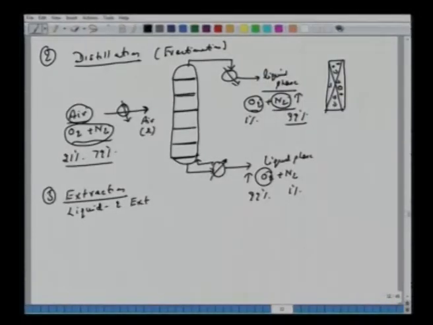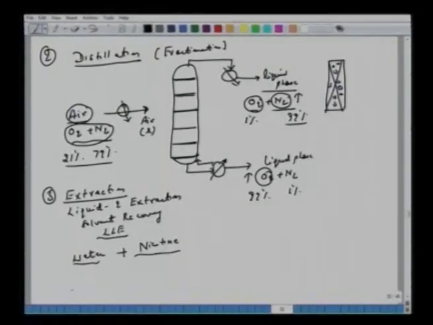It's also called solvent recovery. LLE. So what we have here, now let's look at this example. Water. Let's say water is contaminated with nicotine. You must have heard of this. It's a toxic substance, organic substance here.